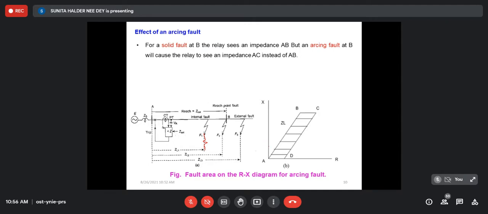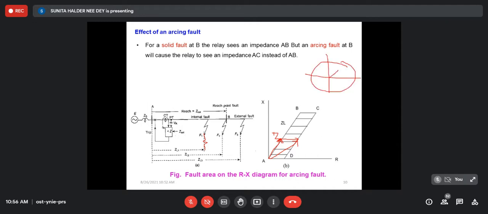So say at any point, say this is the impedance, right? This should be the impedance seen by the relay. But this resistance will come in series with the impedance seen from the relay point. So this impedance is this one. So the effective impedance is increasing.